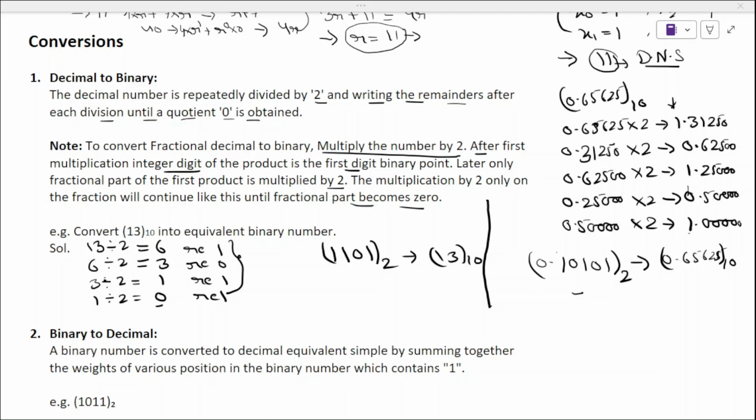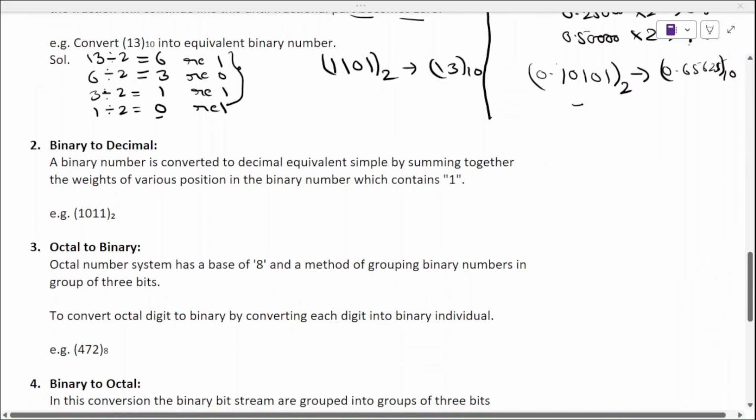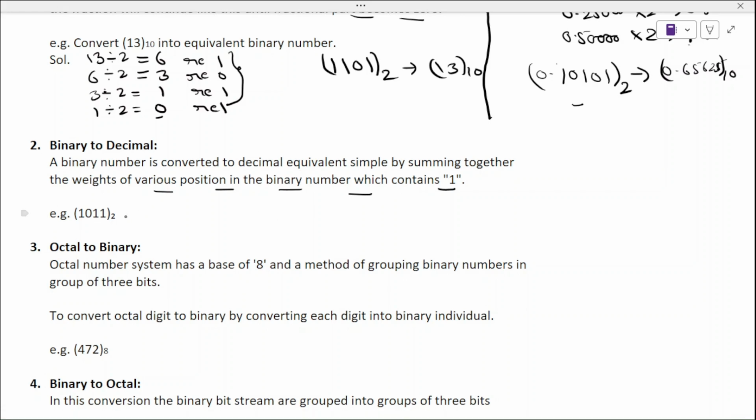So now let's move further. Binary to decimal. A binary number is converted to its decimal equivalent simply by summing together the weights of the various positions in the binary number which contain 1. We have seen this example in the previous one. So let's see 1011. We have to convert this number to decimal.